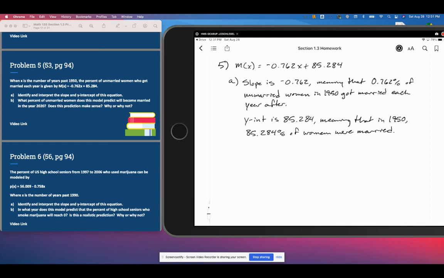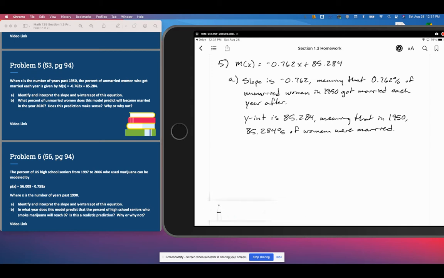Okay. And so that's quite a large population was married in 1950, and then every year after that, it grew. Or sorry, it went down by 0.762.